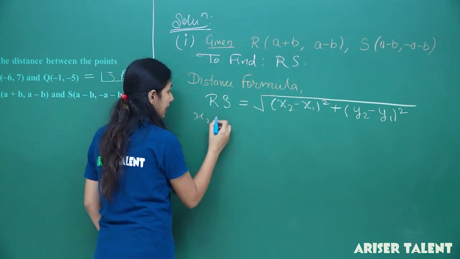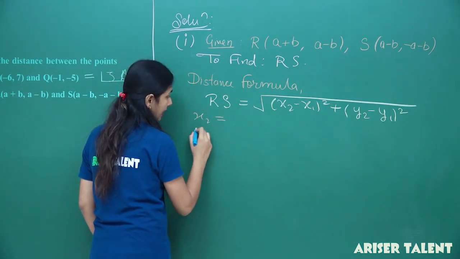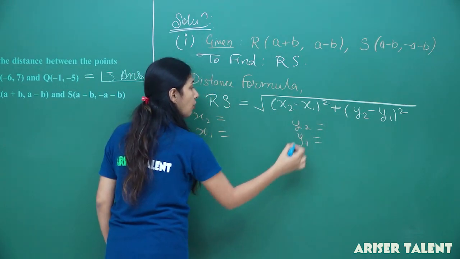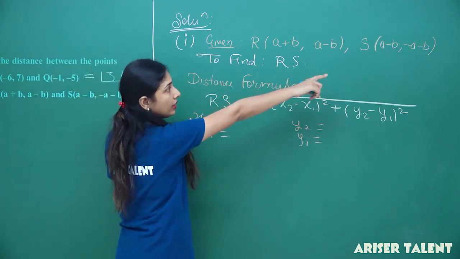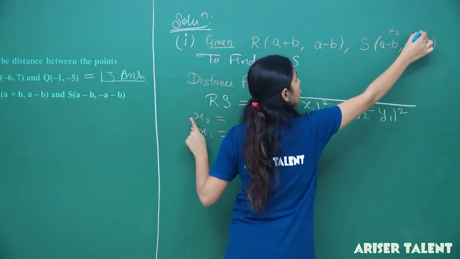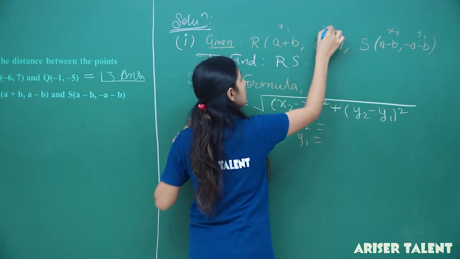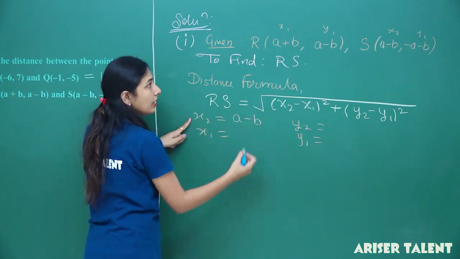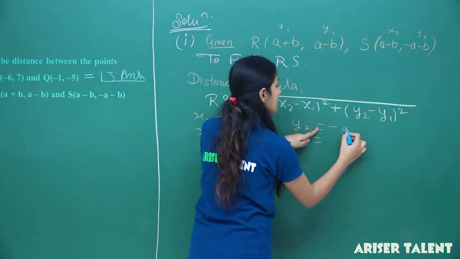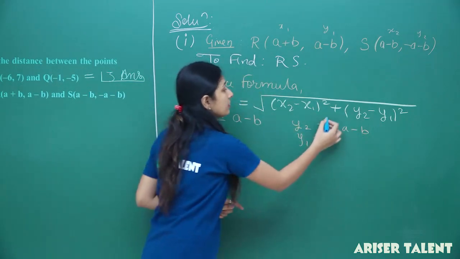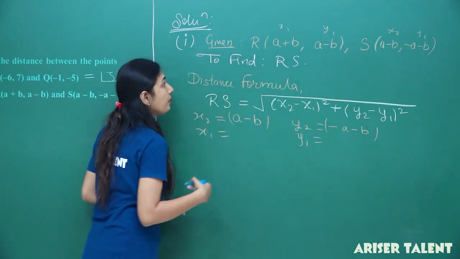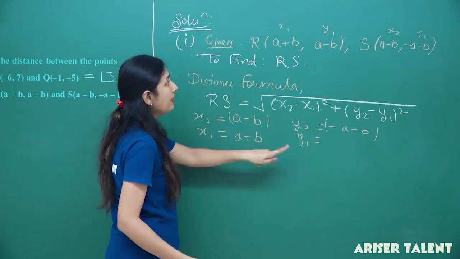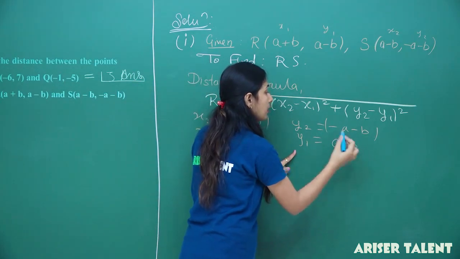Here in this case, x2 and x1 and y2 and y1. The values are what? This is x2, this is y2, this is x1 and this is y1. So x2 equals a minus b and y2 equals minus a minus b. I'll use brackets so that it will not be confusing. So x1 is a plus b and y1 is a minus b.